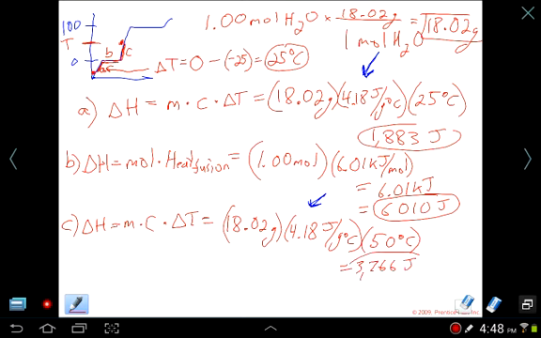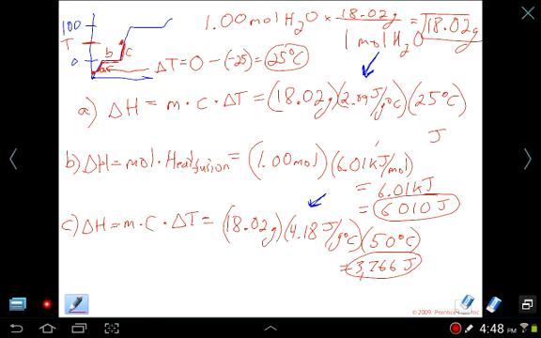joules. Alright, let's go back and quickly recalculate our value here. We're going to have to use the specific heat of ice, and this will give us a different total. If you take a look at the problem, the specific heat of ice is 2.09 joules per gram Kelvin. So we'll use 2.09 in here.